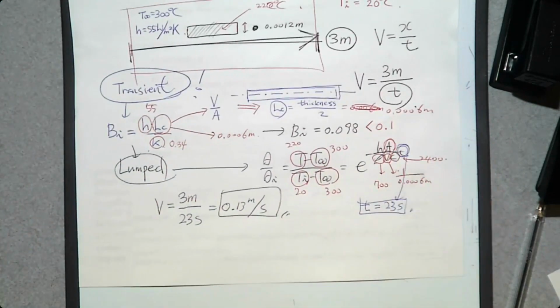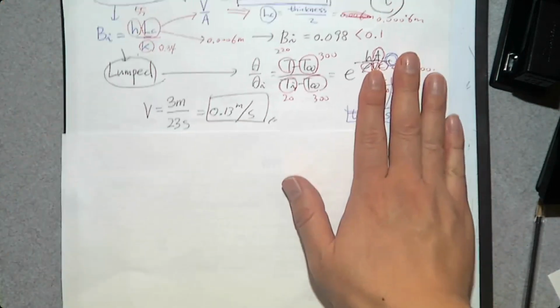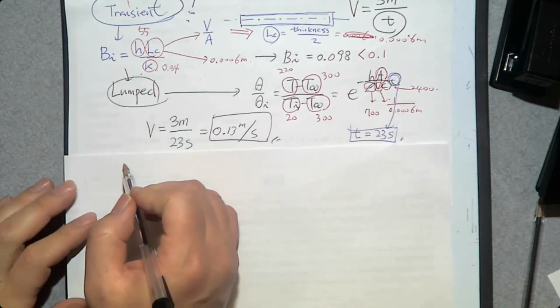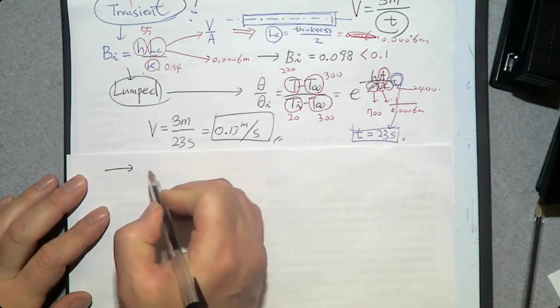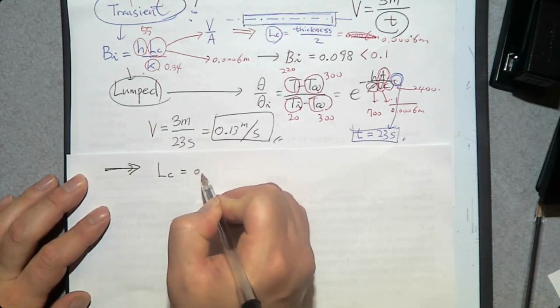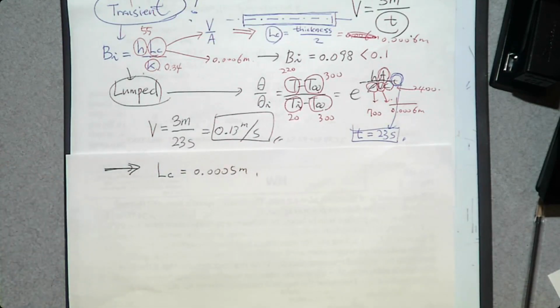We are going to do this whole analysis one more time. This time the thickness is going to be half, so the characteristic length is going to be 0.0005 meter.